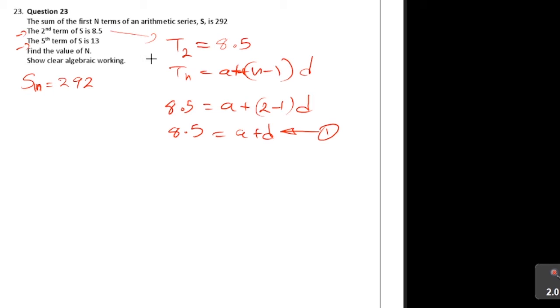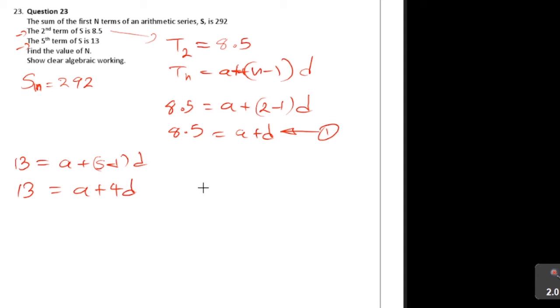For this third data point, they have given us 13 equals T5. T5 means a plus 5 minus 1 times d, so 13 equals a plus 4d.